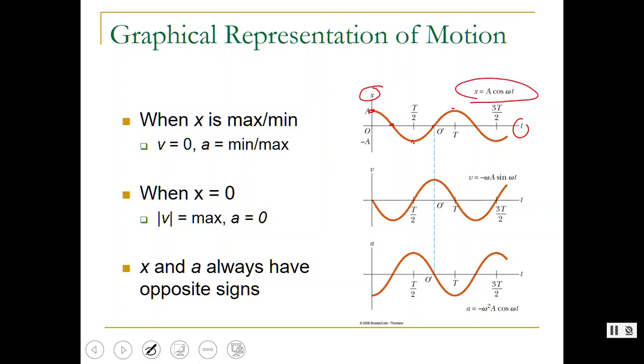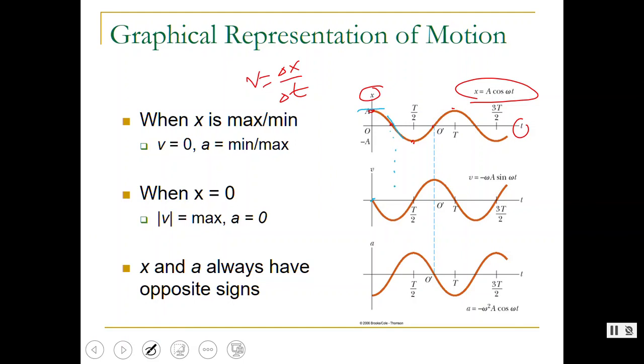Now, we know that velocity is essentially change in position over change in time, or if you're doing calculus, the derivative. If I look at the slope of the position-time graph right here, that slope is 0, so my velocity needs to be 0. If I look here at the middle, that's going to give me my steepest slope, so my largest velocity, and it's negative, so it gives me a negative value.